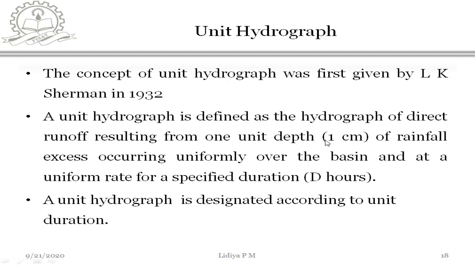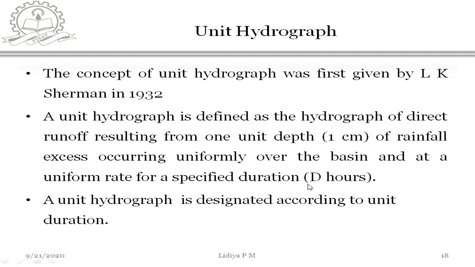Okay, that is, this direct runoff is due to 1 unit depth of rainfall excess. So the total direct runoff is 1 centimeter occurring uniformly over the basin, okay, and at a uniform rate for a specified duration.